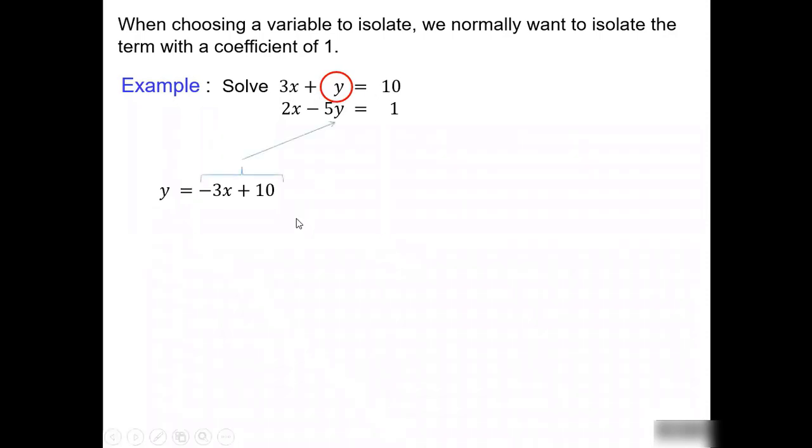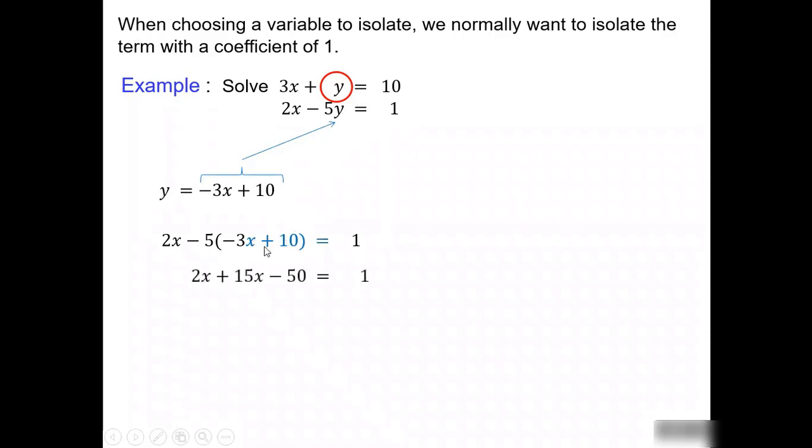We can now take that negative 3x plus 10 and replace that with y in the second equation. And so that gives us 2x minus 5 times (negative 3x plus 10) equals 1. So again, we just replaced the y coordinate with the expression negative 3x plus 10.